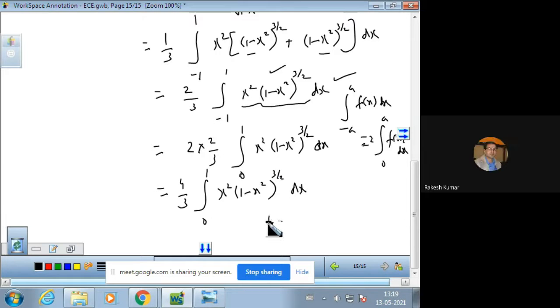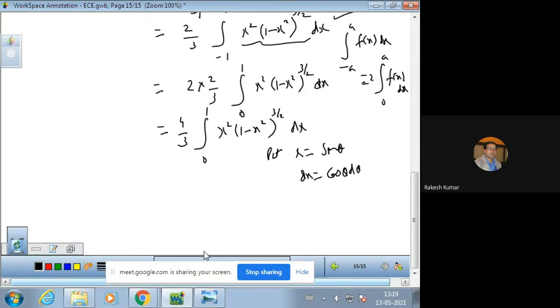Now you will use a substitution. Put x equal to sine of theta, and dx will be cos of theta d theta, and you will have 4 over 3. When x is 0, sine theta is 0, theta is 0. When x is 1, sine theta is 1, theta is pi by 2.